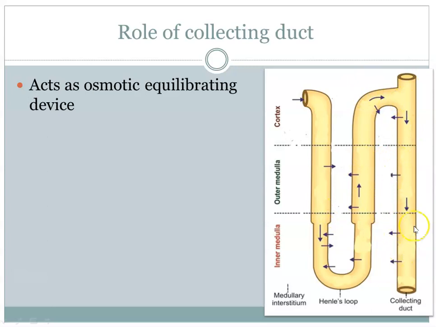When the water is getting absorbed, an equal amount of urea gets absorbed into the interstitium. See, the water gets absorbed and also the urea gets absorbed in the inner medullary region of the collecting duct. This is the only place where the urea gets reabsorbed. Other areas like the loop of Henle, proximal convoluted tubule, and distal convoluted tubule are impermeable to urea.